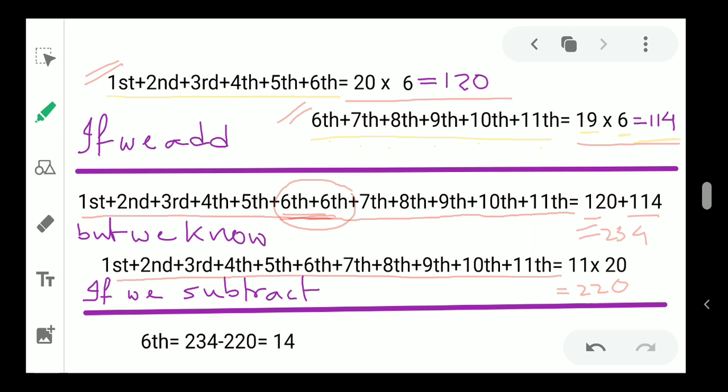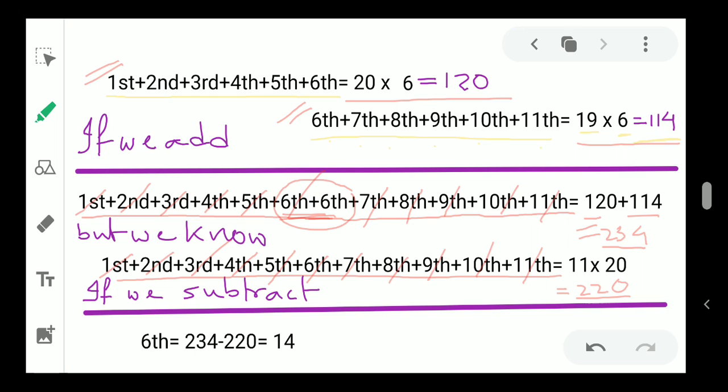So now from 234, if we subtract 220, what will happen? The first will cut with the first, second will cut with second, third with third, fourth with fourth, fifth with fifth, sixth with sixth, 7 with 7, 8 with 8, 9 with 9, 10 with 10, 11 with 11, if we subtract.